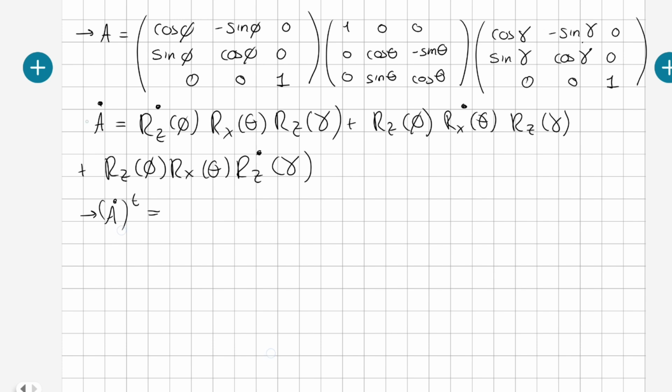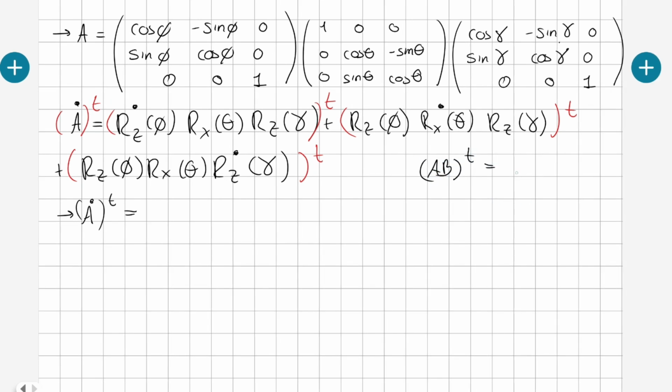And also remember that the transpose of a product of two matrices is equal to B transpose A transpose. We need to switch the order of the product and then take the transpose of each element.